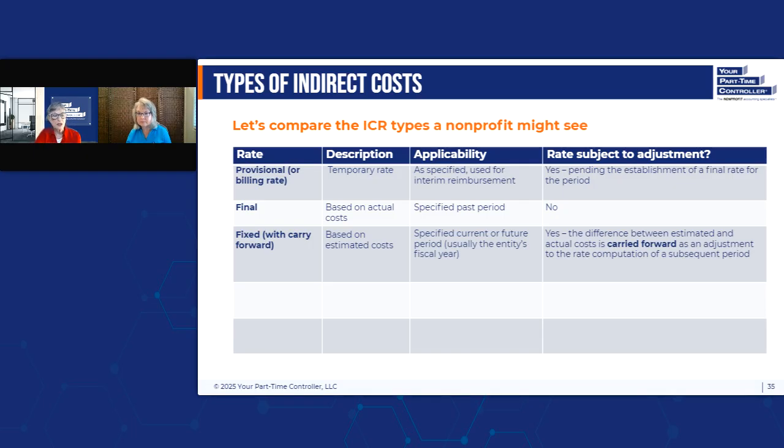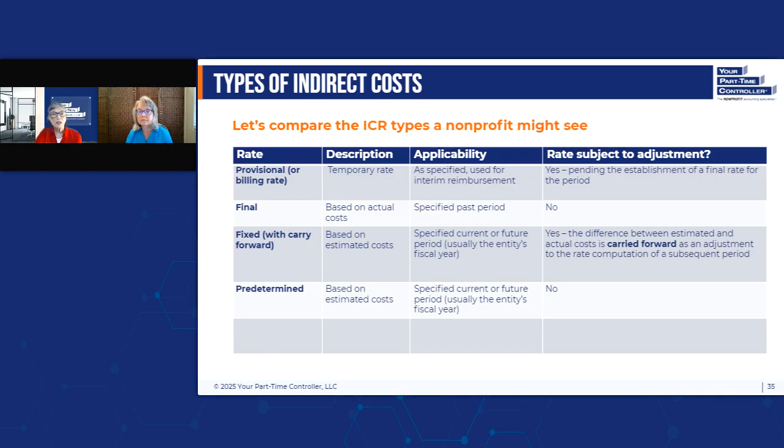There's also a predetermined rate, which is used when financial data demonstrates reasonable assurance that the rate is likely to remain stable. So it's often used for states, very, very large entities. It's, again, a very difficult rate to use for small nonprofits, but a lot of states don't understand that. So you may see a predetermined rate set on what's passing through from the feds.